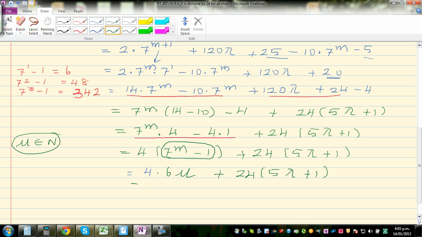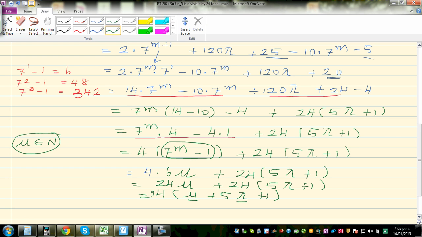So this is 24 mu plus 24 times 5 lambda plus 1. And if you factor out 24, mu plus 5 lambda plus 1. Now mu is a natural number. Lambda is also a natural number. 5 times a natural number plus a natural number plus 1. This is going to be a natural number.